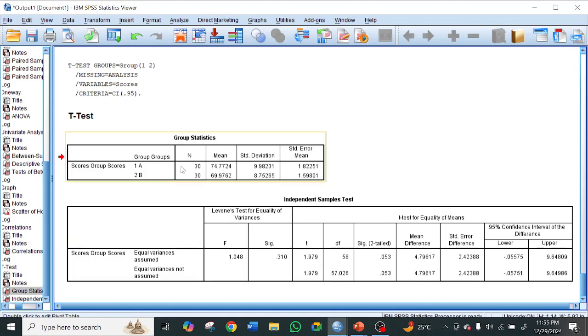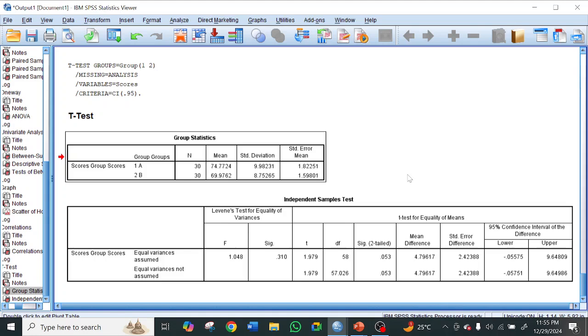So the group statistics, which is basically the measures of central tendency, show the mean, the standard deviation, and the standard error of mean. Let me quickly give a simple description of each of the key terms. In this situation, we're comparing the two group scores.